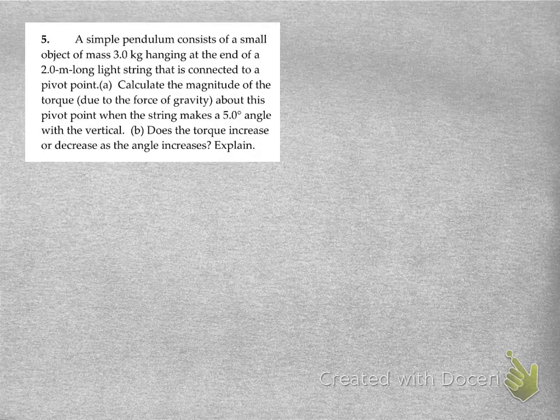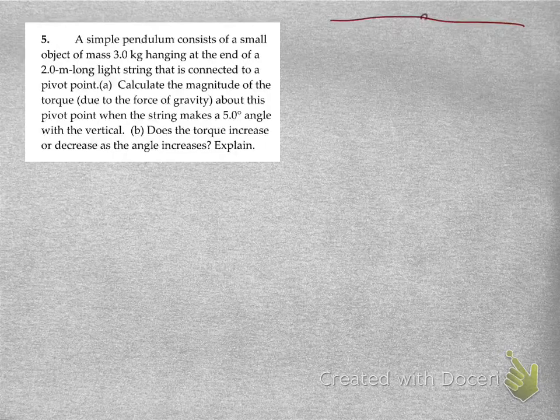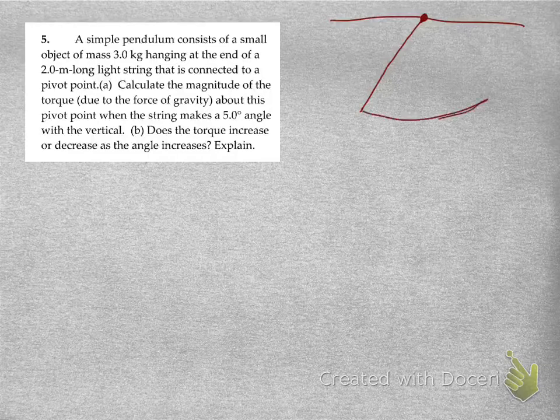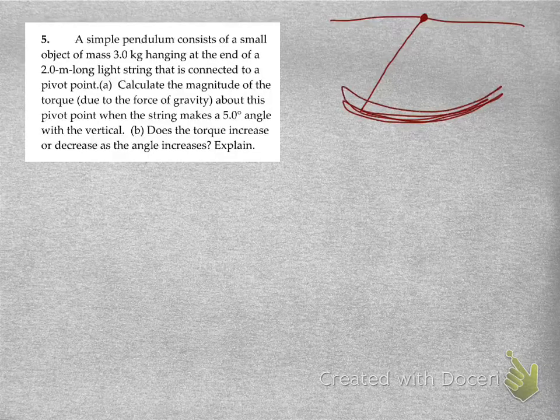Okay, we have a pendulum consisting of a small mass of 3 kilograms hanging at the end of a 2-meter long string. So we have something where our string is attached and it can freely rock back and forth and back and forth and back and forth, right?